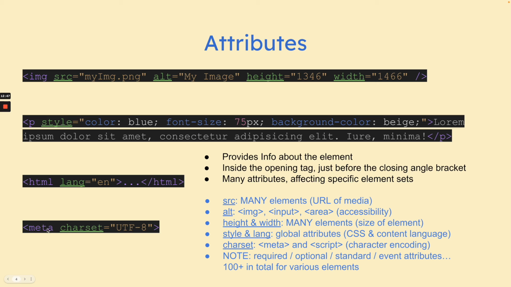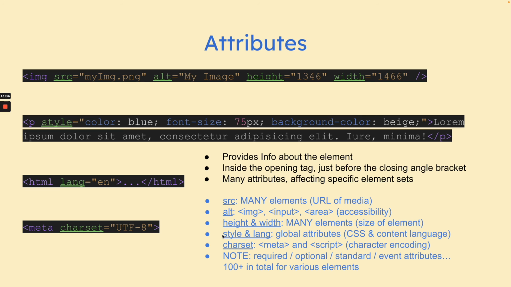And then you have things like this meta tag, you have charset here as an example, as an attribute, and those only go on meta and script type of elements. For character encoding, UTF-8, for example, is one of the character sets, and we will get into that as well later on down the road.